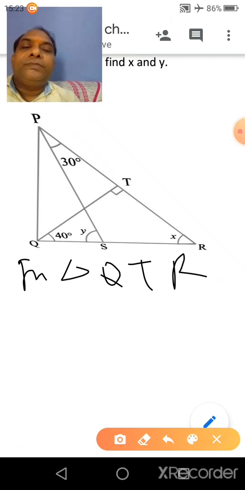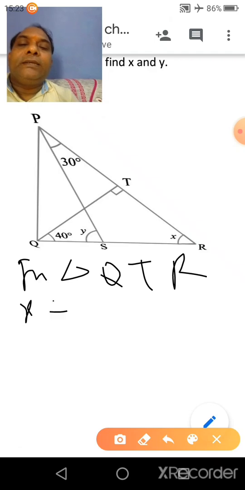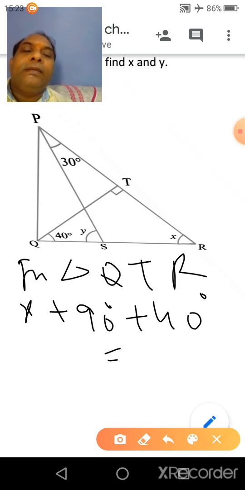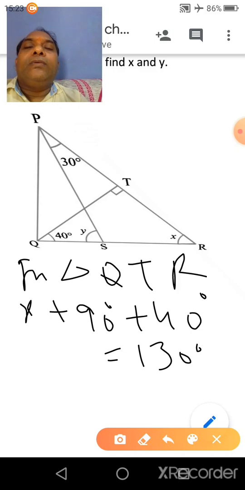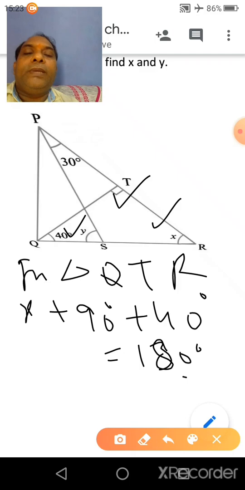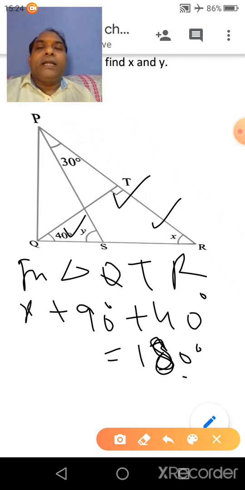see here, x plus 90 degree plus 40 degree. In triangle QTR, x plus 90 degree plus 40 degree is equal to 180 degree, because angle sum property of a triangle.